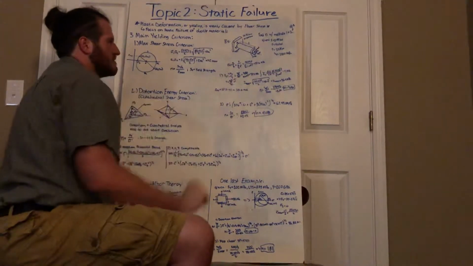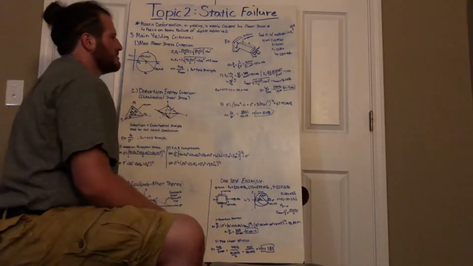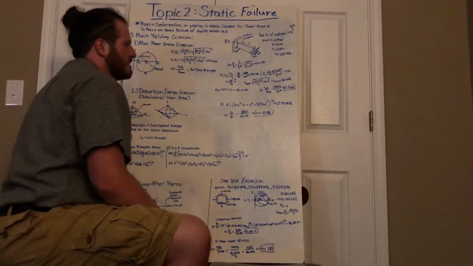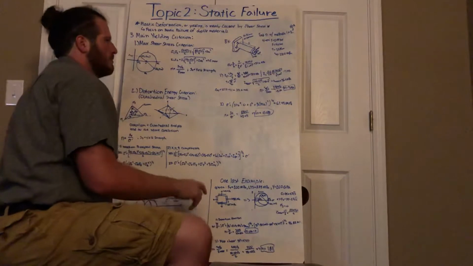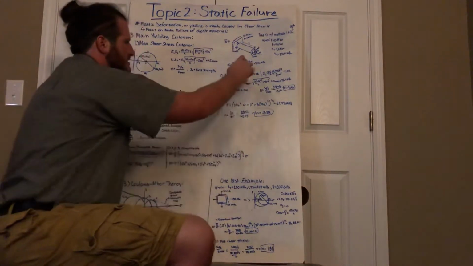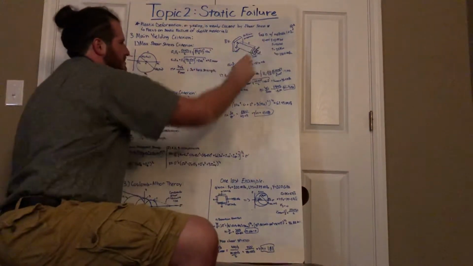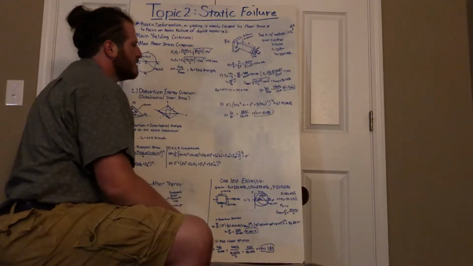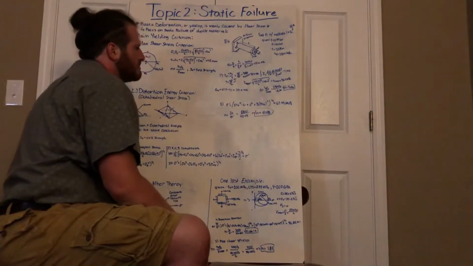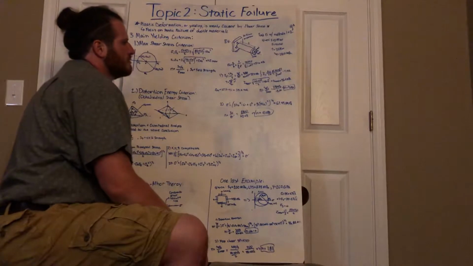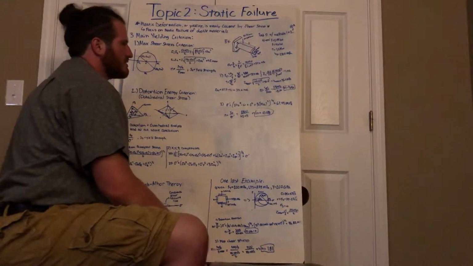Plugging these two in together, this equation reduces to 16T over pi D cubed. When we plug in our numbers, we'll plug in 16 times our T from up here, which is 25 newton meters, divided by pi times 0.015 cubed, and we're going to get 37.7 megapascals.